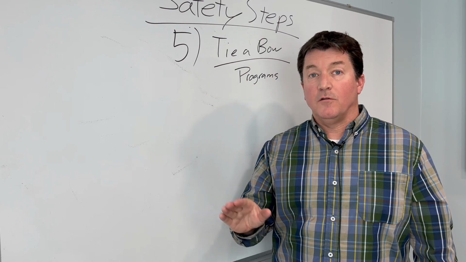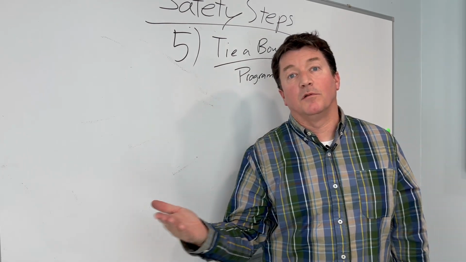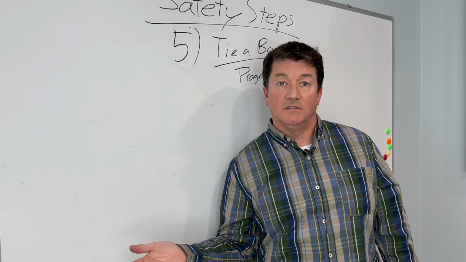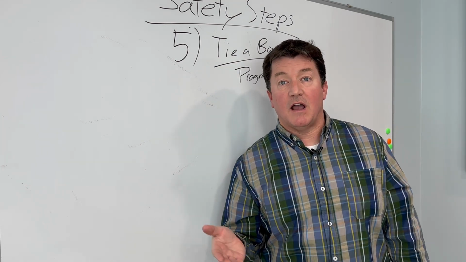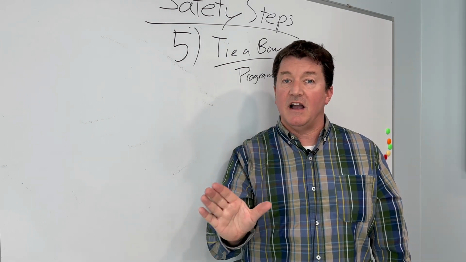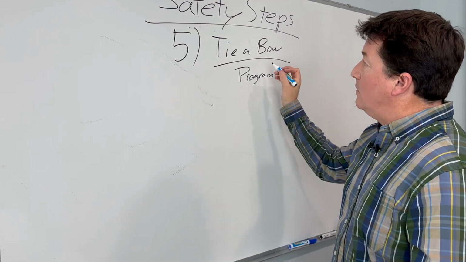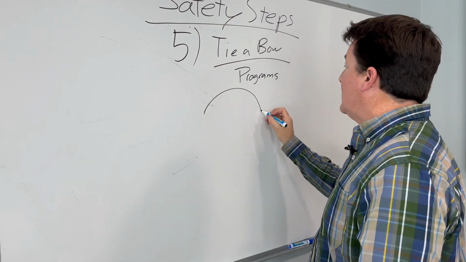Those required programs have to be done. They're required. We want to make sure we're doing a pre-shift inspection on our forklifts. We want to make sure we've got trained operators. We want to make sure we're doing everything. We're crossing the T's, we're dotting the I's, and it's done. But when we tie a bow, this is the second half.